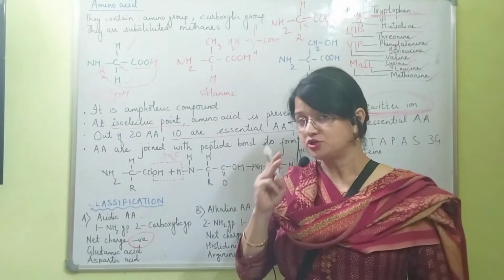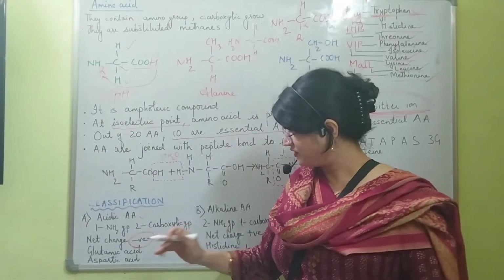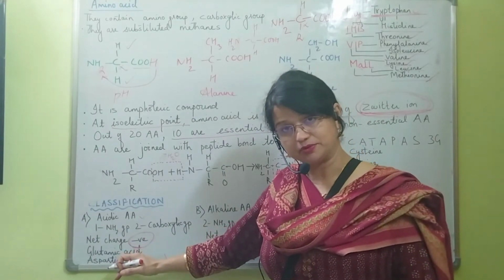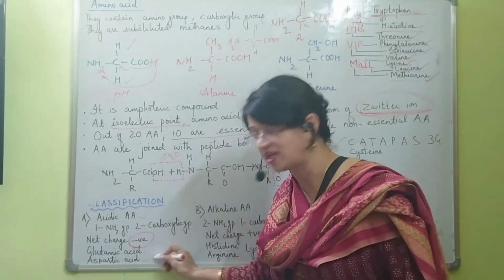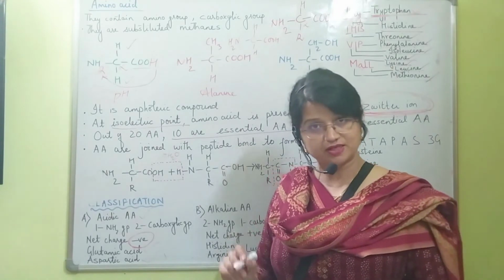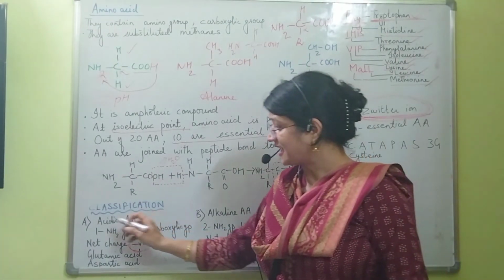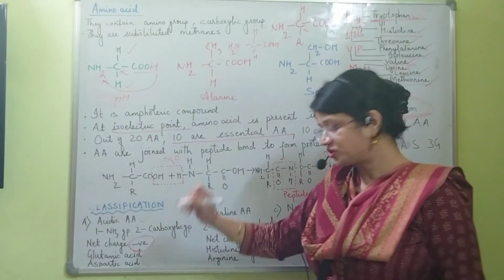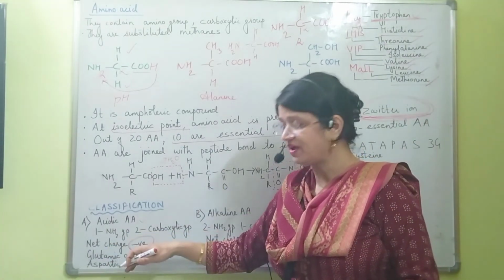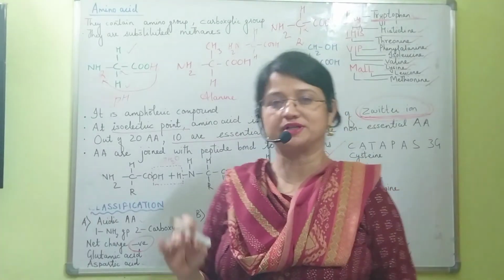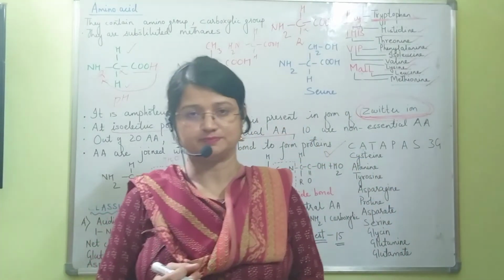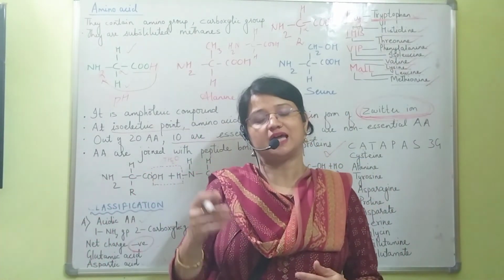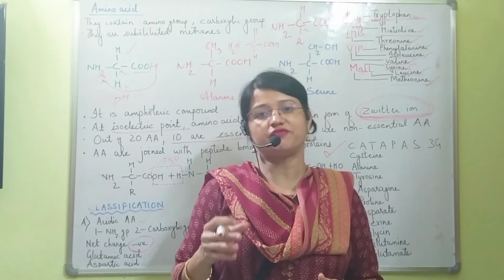There are only two amino acids out of 20 which are acidic amino acids, that is glutamic acid and aspartic acid. Clear? We have seen that acidic amino acids have one amino group, two carboxylic groups, so they have a net negative charge, and the two examples are glutamic acid and aspartic acid. Now the second one is the alkaline amino acid. So here what we will have?